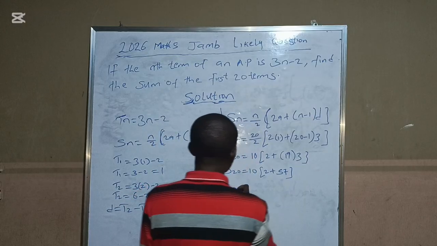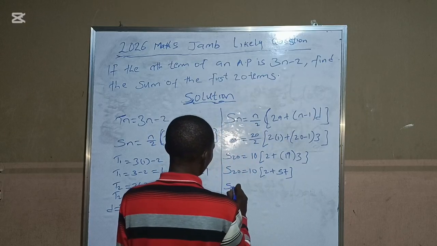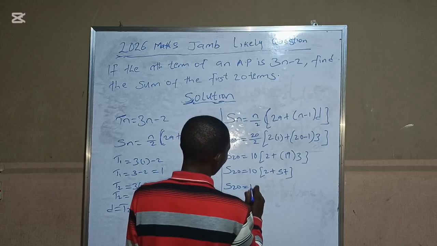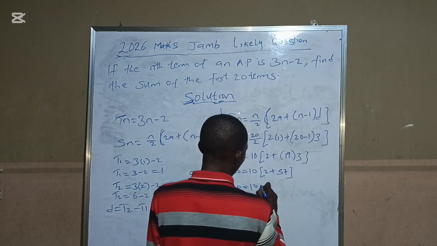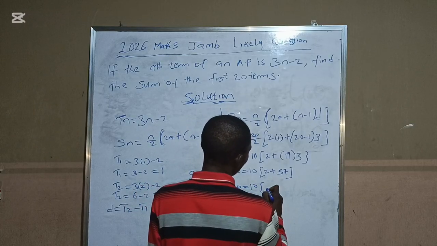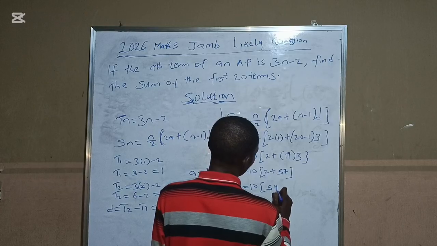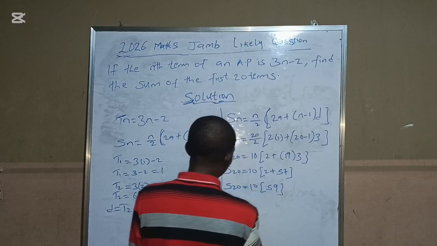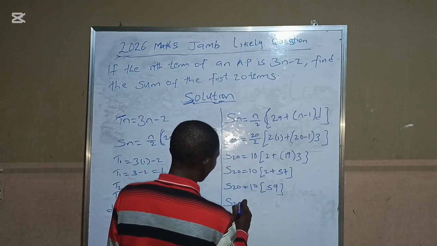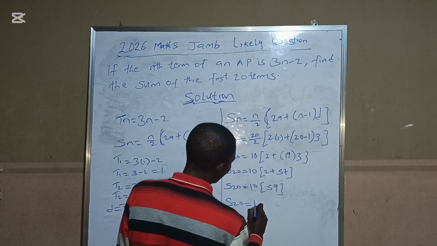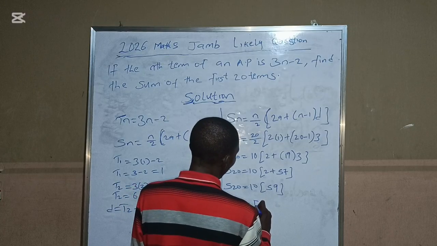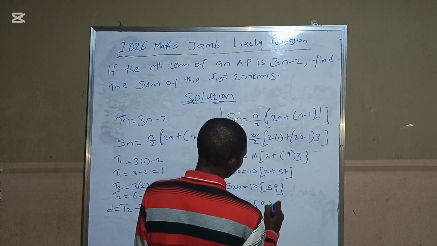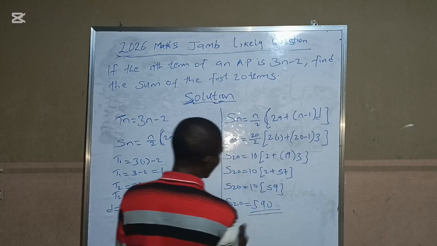Yes. So S20 equals 10 in bracket 2 plus 57, that will be 59. Your S20 equals 10 times 59, that will be 590. That will be our final answer.